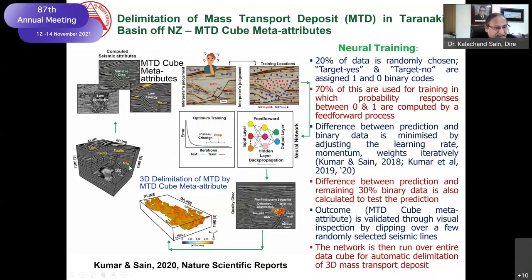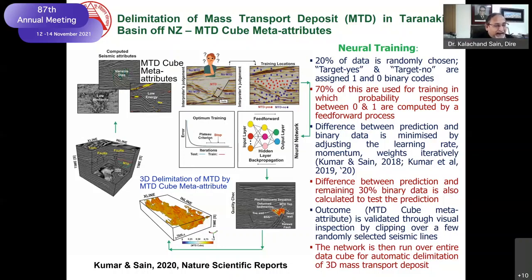So using artificial intelligence, what we have done here is amalgamation. First, we extracted the attributes which can characterize the mass transport deposit, and all those attributes we amalgamated into a single attribute. That single attribute we defined as the mass transport deposit meta attribute. And this is the basic philosophy of this automatic delimitation of subsurface geologic features from the surface seismic data.